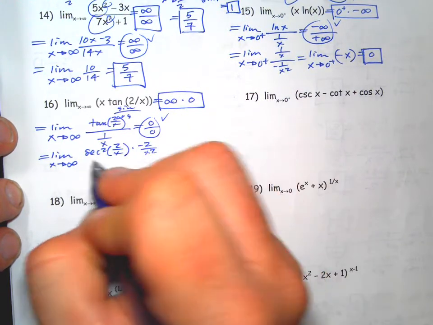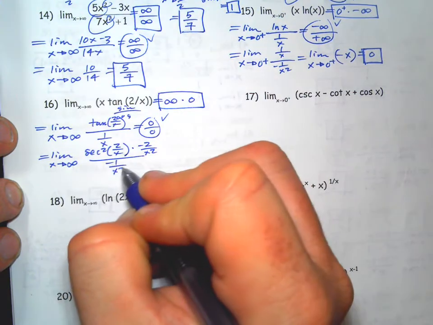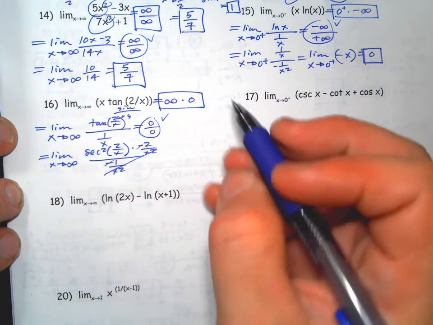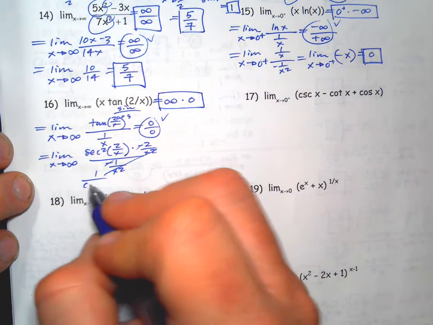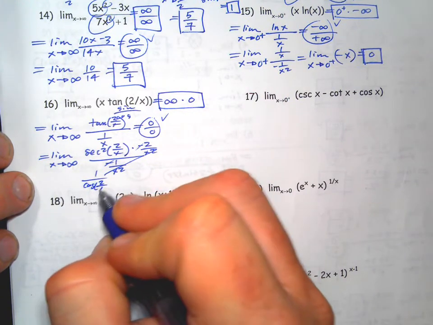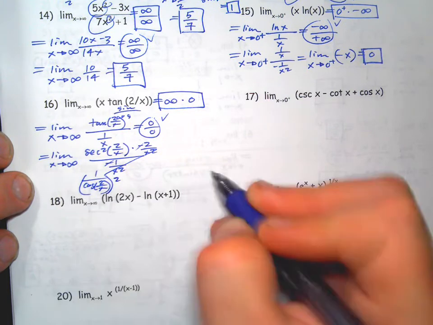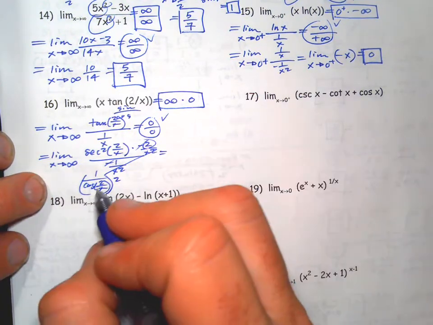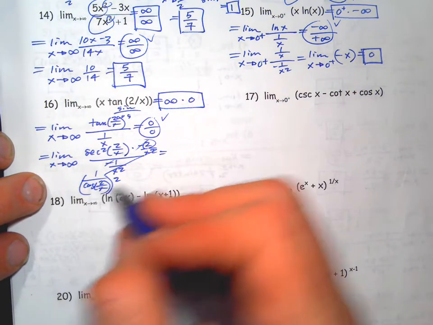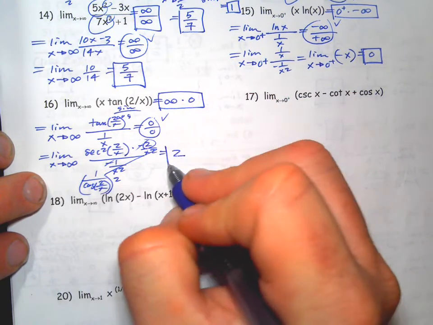Derivative of the bottom is negative 1 over x squared. So the x squareds cancel, the negatives cancel. Secant is 1 over cosine, right? So there's a 2 left. Don't forget that. Cosine of 0 is 1, so that's going to be 2 for our final answer.